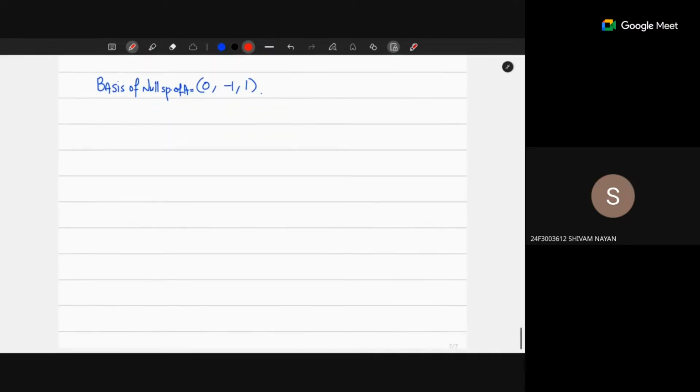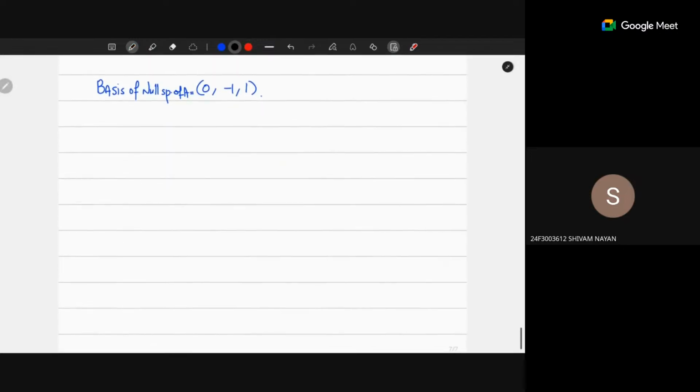So we have seen the null space of a matrix, or of a given homogeneous system of linear equations.